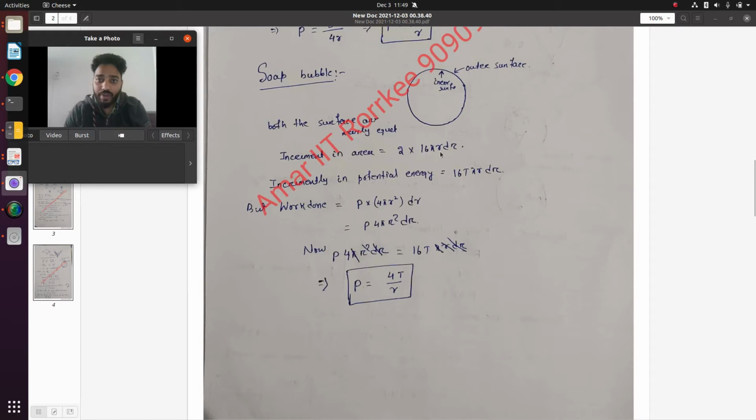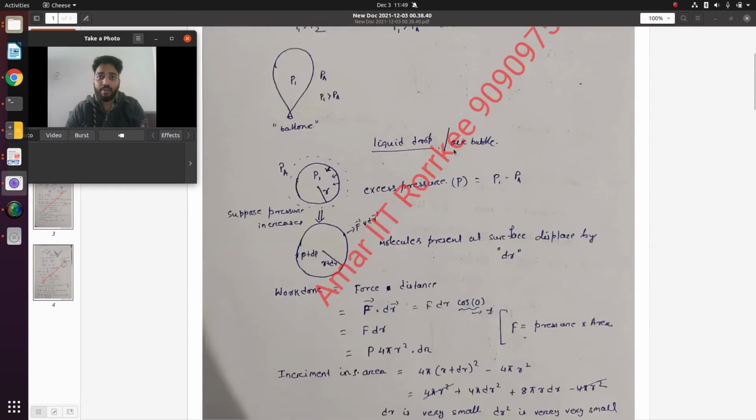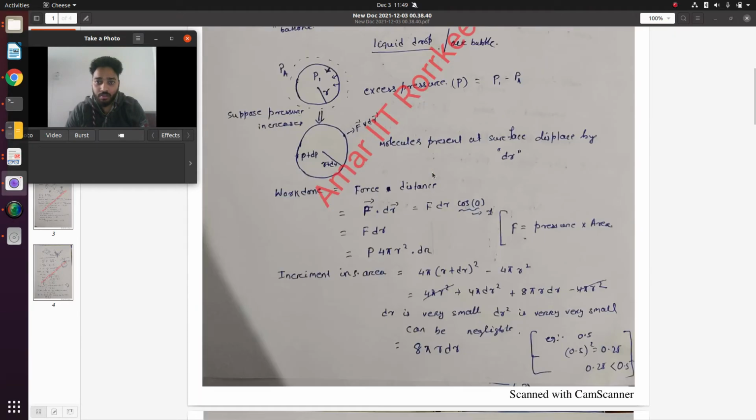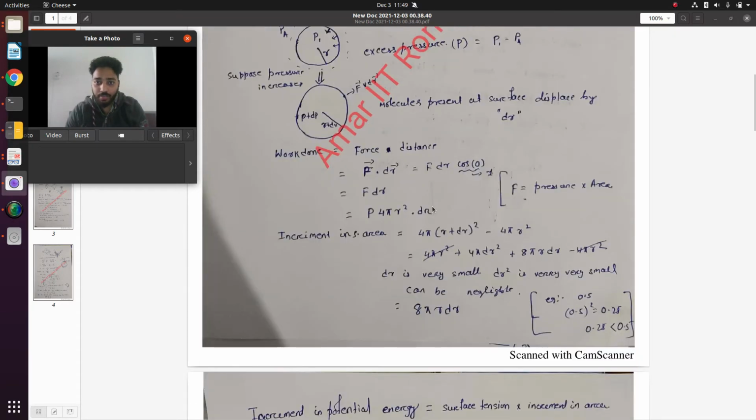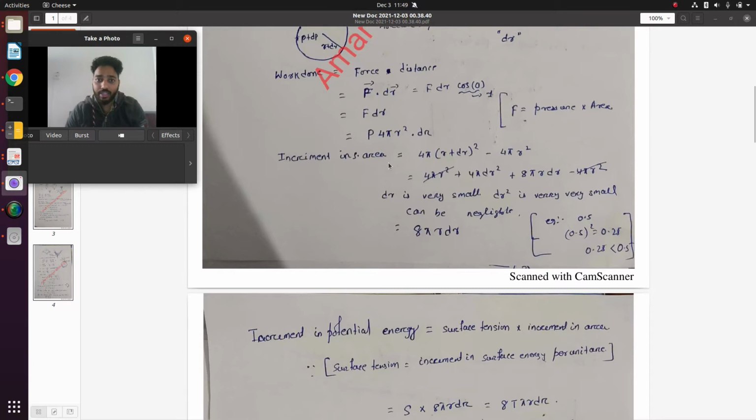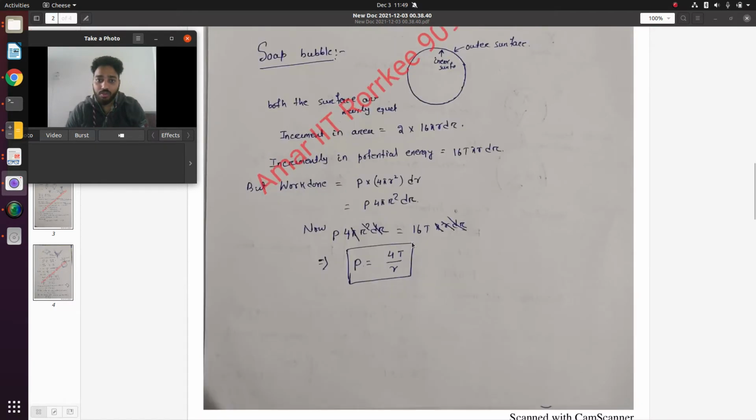It is 8 pi r dr, like what we have derived before. You can see here 8 pi r dr is the increment in the surface area for the liquid drop. So here two surfaces are present, inner and outer, and they are very nearly equal. So we can just multiply 2 into 8 pi r dr.